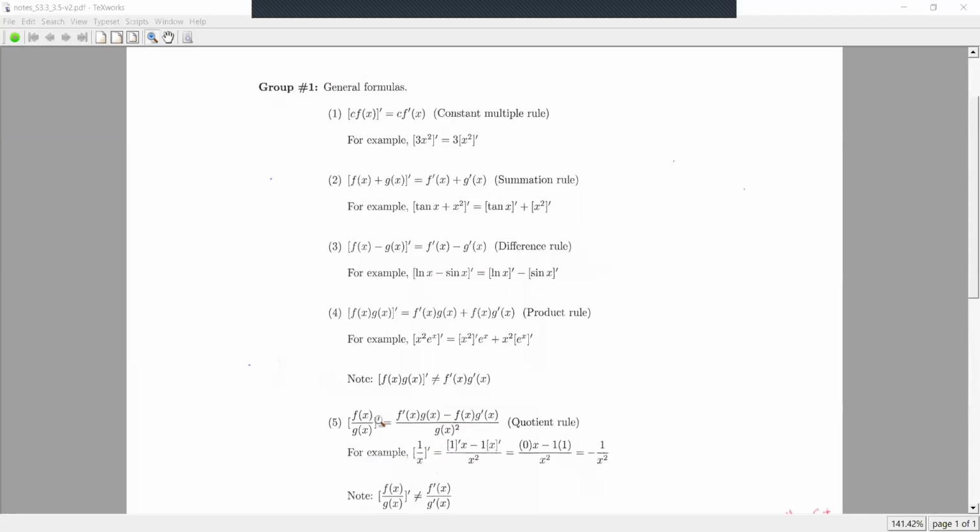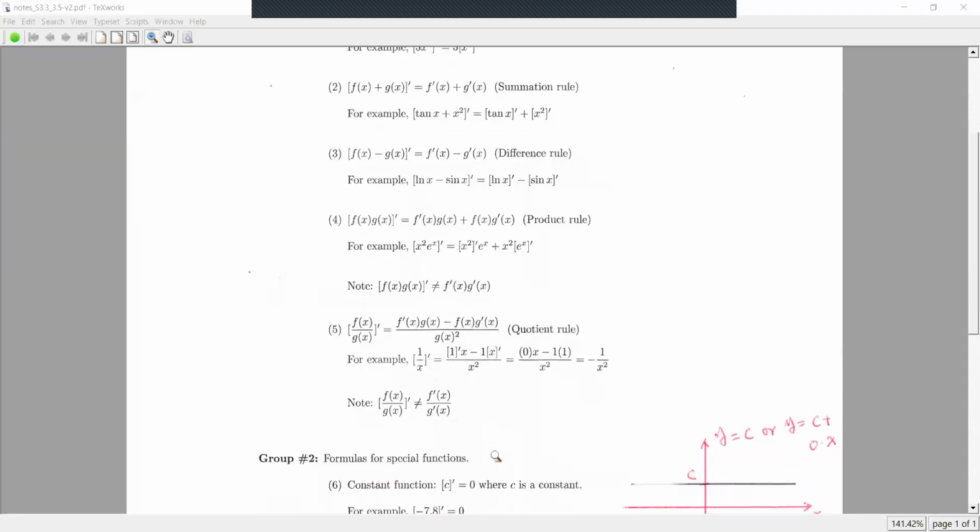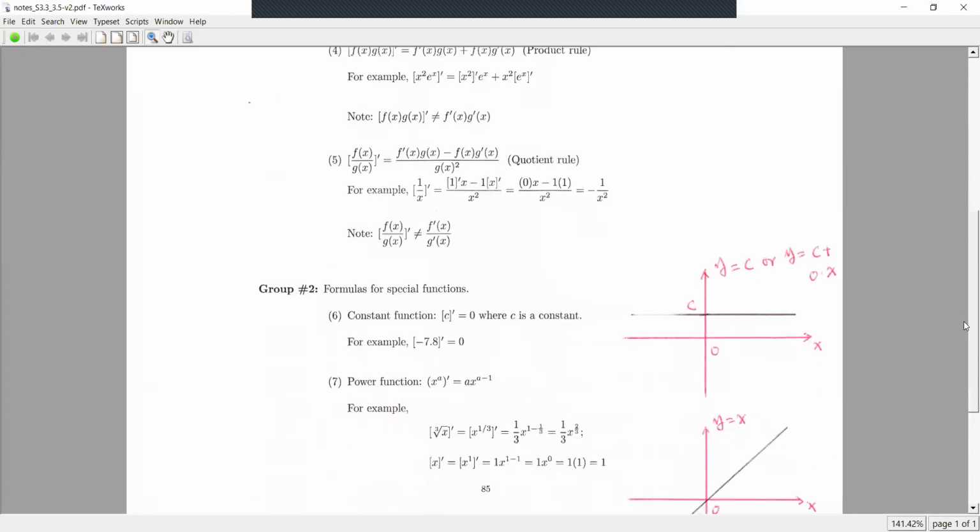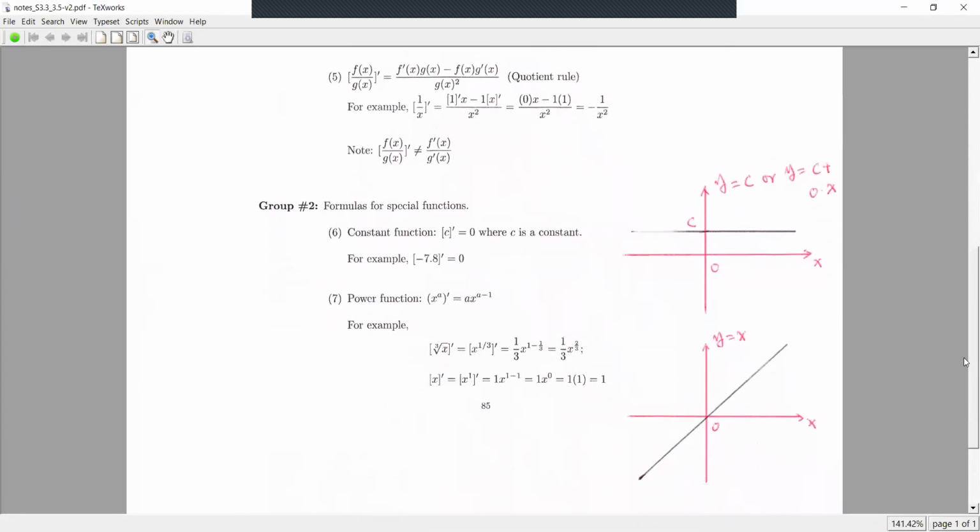By quotient rule, derivative of 1 over x is derivative of 1 times x minus 1 times derivative of x, then divided by x squared. Please note that derivative of a quotient is not equal to quotient of the derivatives.